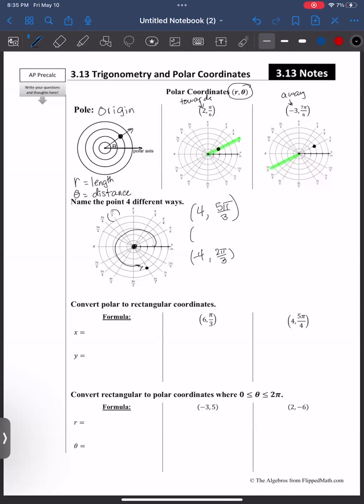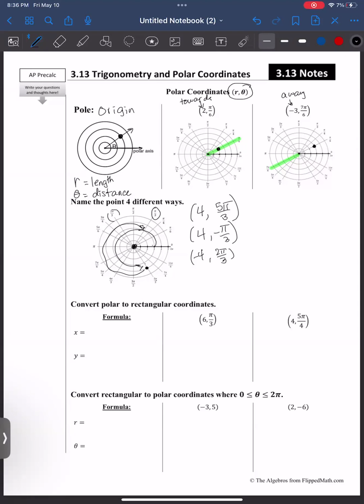Well, my corresponding angle in the first quadrant is pi over 3, but because I'm going in the opposite direction of a typical angle rotation, it's going to be -pi over 3, but I'm still going to be moving 4 towards that point, okay?